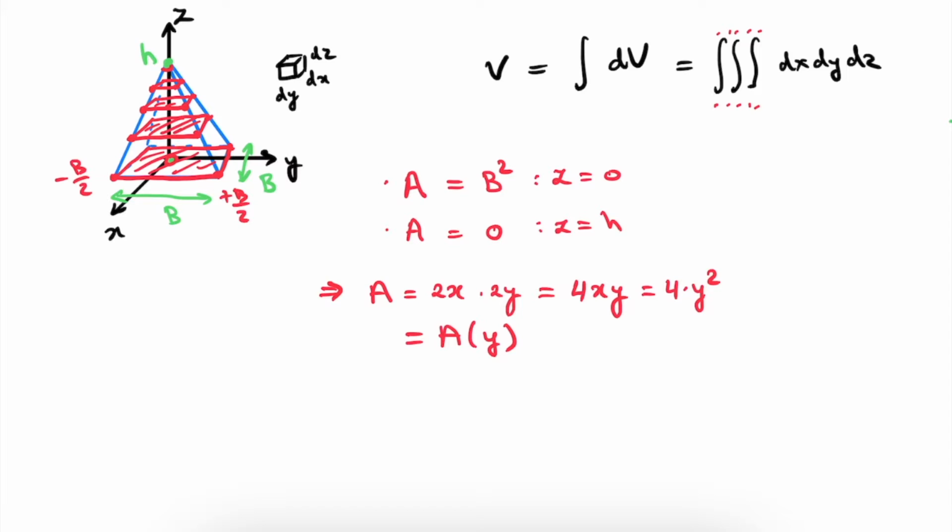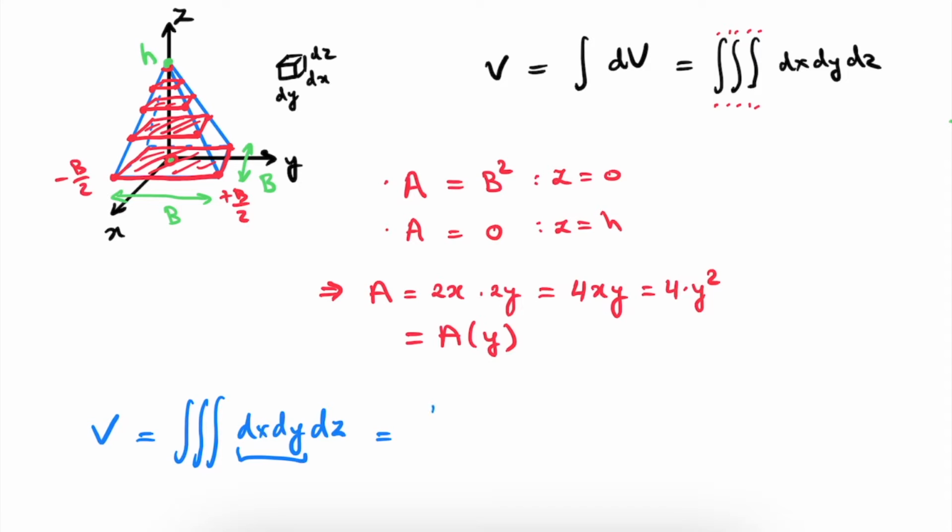Let's now write our strategy of calculating the volume of this pyramid by stacking these cross-sections as an integral. So our volume is simply equal to the triple integral over dx, dy, and dz. However, we now chose that dx and dy we would combine to be dA, so an infinitesimal surface element.